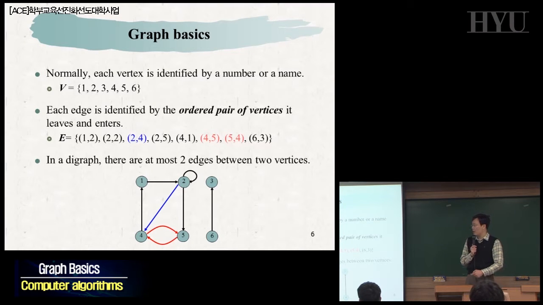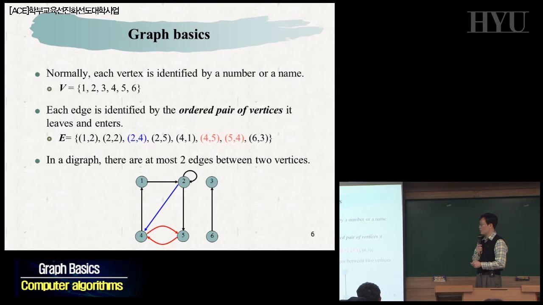Okay, those are the mathematical definitions of a graph. To store them in the computer memory, each vertex is identified by a number or a name. Usually they are identified by numbers. So the 6 circles have their numbers 1, 2, 3, 4, 5, 6.